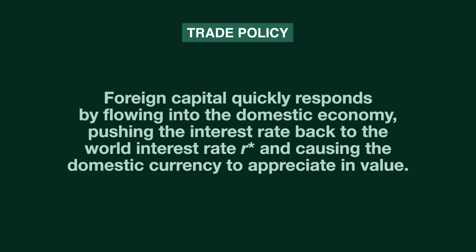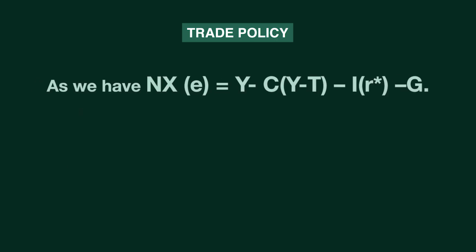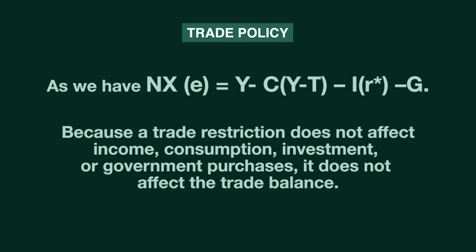The appreciation of the domestic currency leads to a fall in export and rising import, thereby reducing the domestic income. This is the mechanism which shows that a trade policy used to restrict trade is not going to impact the Y in the economy.